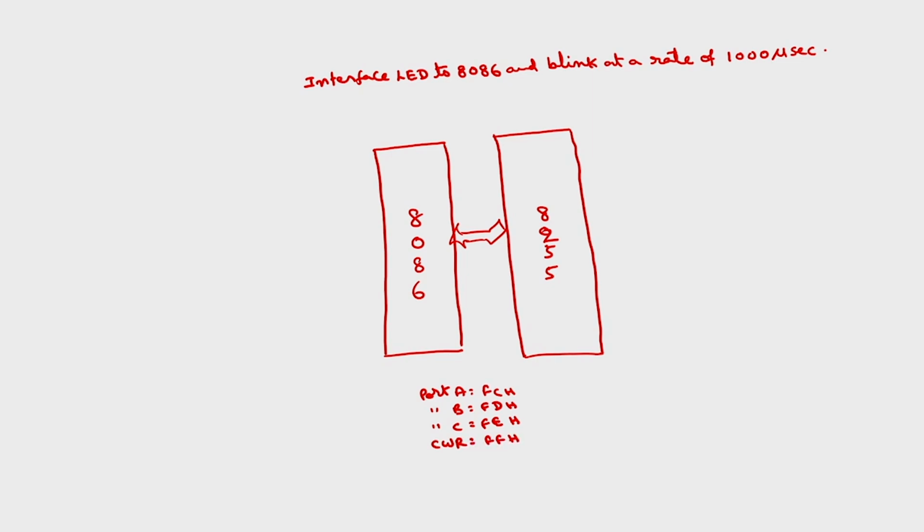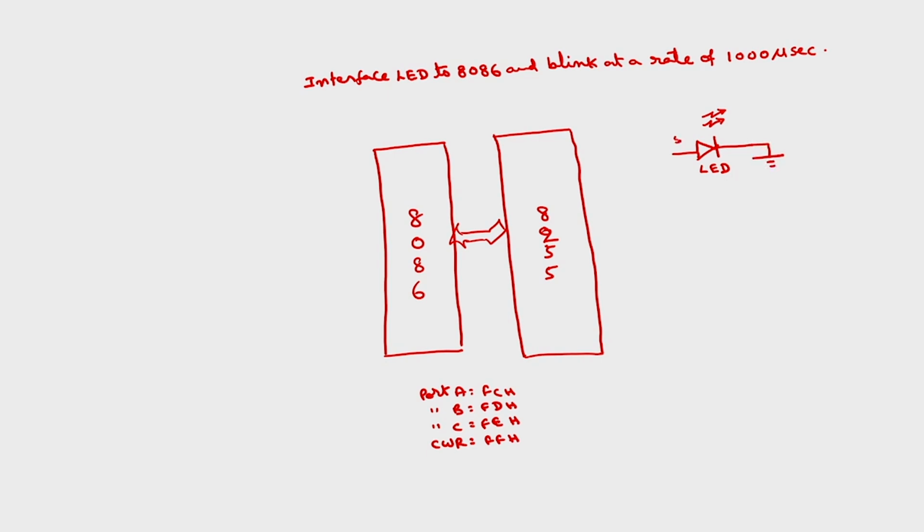Then in order to connect an LED, this is an LED, light emitting diode. If the anode operates at 5 volts and the cathode is grounded, this will emit light. This is the symbol of an ordinary diode. If I add this light symbol, then it will be an LED. So I am going to ground the cathode.